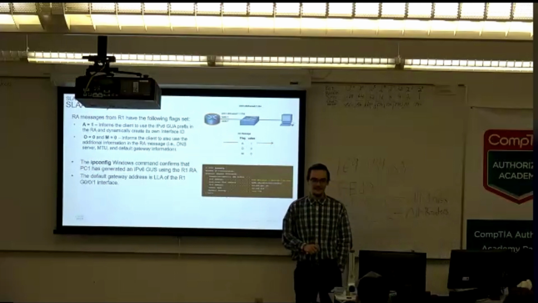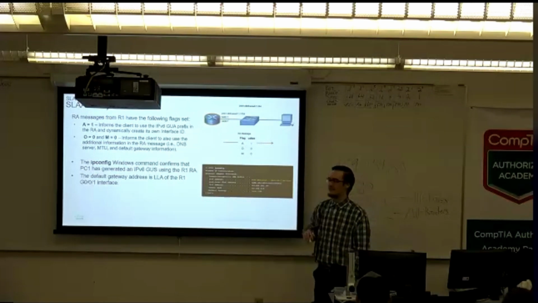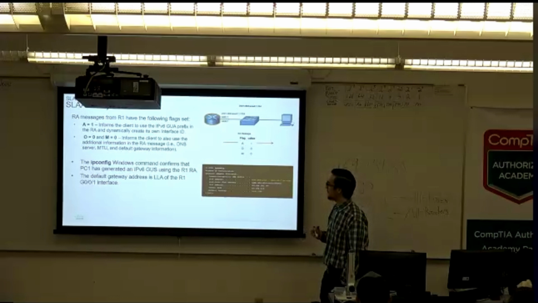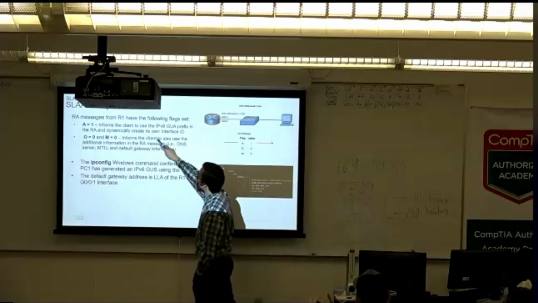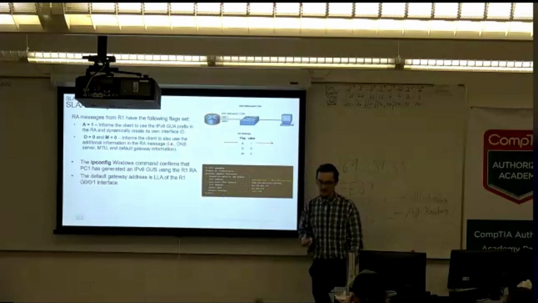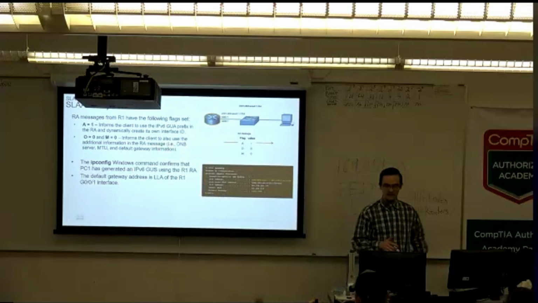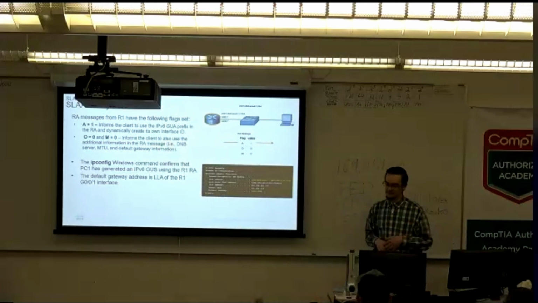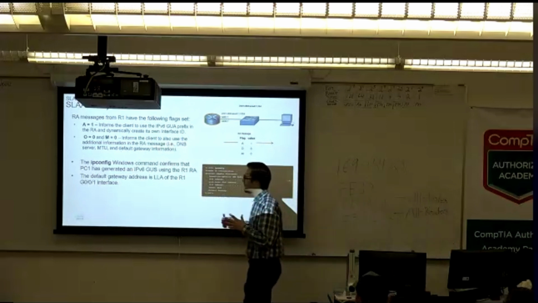But randomly generated. Okay, so EUI-64 and then randomly generated. All right, those are the two ways to dynamically create your own interface ID. Otherwise, you can manually assign it, but you still have to care about that. It's not called network portion.